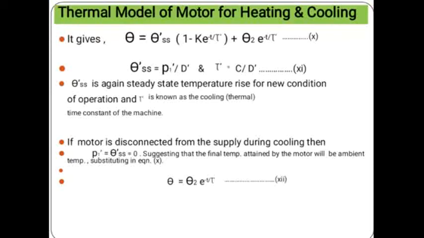Now if the motor is disconnected from the supply during cooling, then P1 dash and θ dash ss equal 0, suggesting that the final temperature attained by the motor will be the ambient temperature. Substituting in equation 9, we get θ equals θ2 e to the power minus t divided by tau dash. This is our final equation, the twelfth equation.